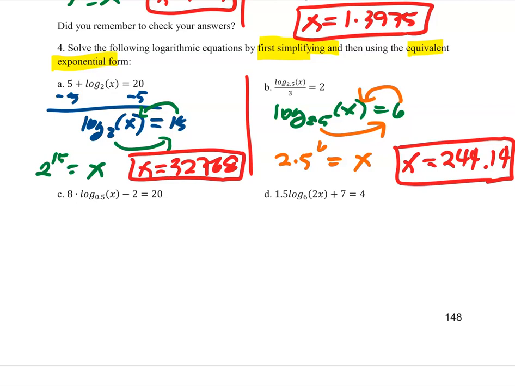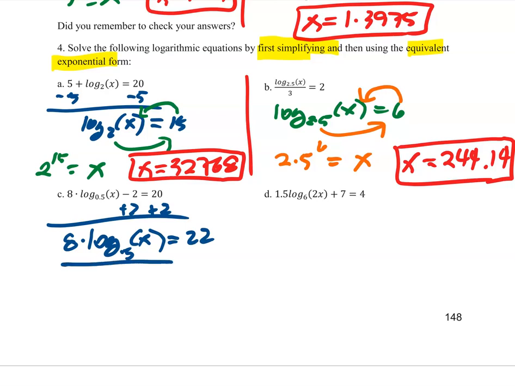Letter C. 8 times log base 0.5 of x, minus 2, is equal to 20. First, we add 2. (20 plus 2 is 22). Then divide both sides by 8. 22 divided by 8 is 2.75.